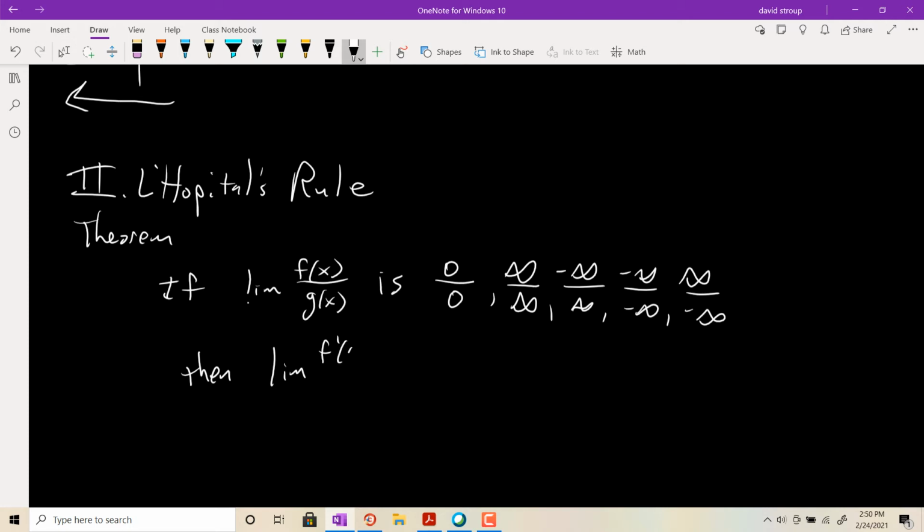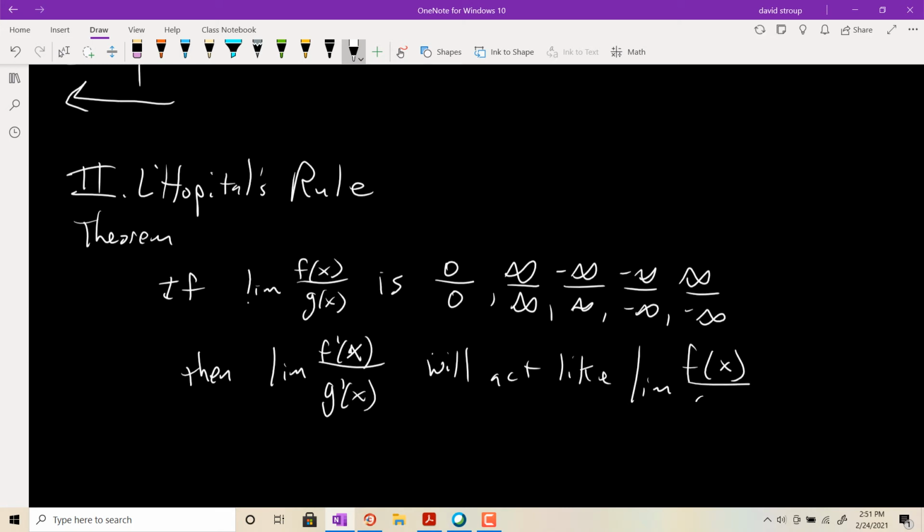So this isn't the quotient rule. You're just literally taking the derivative of the numerator and putting it in the numerator, and then literally taking the derivative of the denominator and putting it in the denominator. That thing will have the same behavior, or will act like the limit of f of x all over g of x.